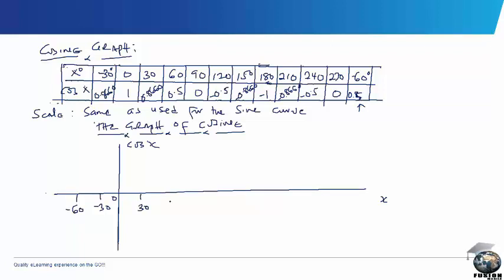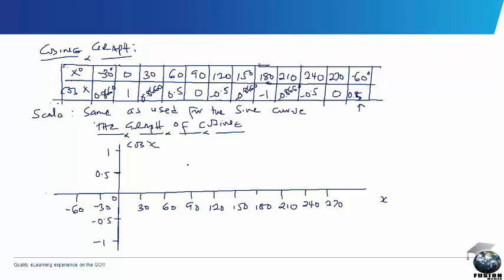I have 30 here, 60 here, 90 here, and then next is 120, 150, 180, 210, 240, 270, and that's all. The highest value there is 1 and 0.5, and then I have my 1 here, and below I have minus 0.5, and minus 1 here too. Alright, so we can plot the values.